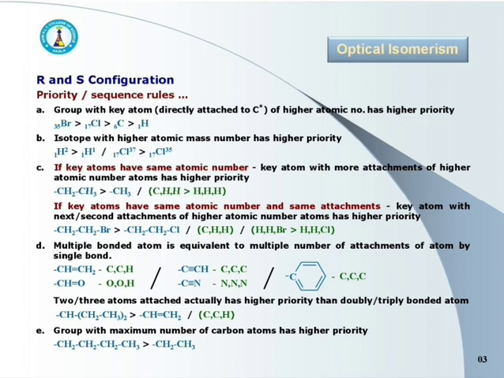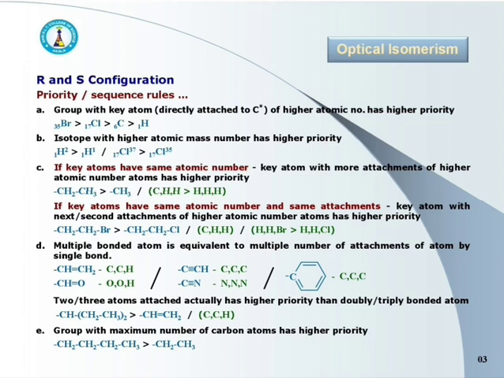Next rule. If key atoms have same atomic numbers, then the key atom having more attachments of higher atomic number atoms has higher priority. Consider ethyl and methyl groups.